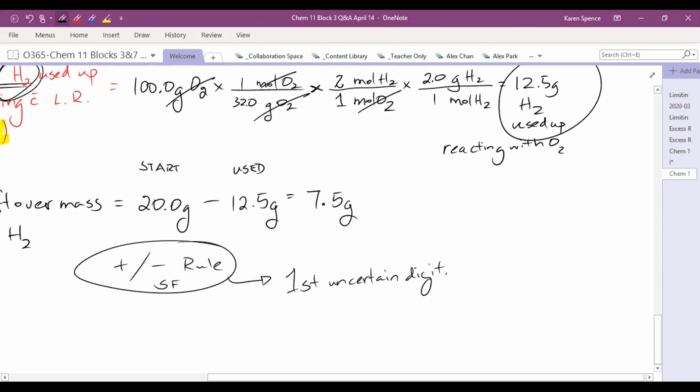We go to our first uncertain digit. Our uncertain digit in the 20 is the 0. The uncertain digit in the 12.5 is the 5. And that means that our tenths position is our first uncertain digit. So we are left with only 2 sig figs. Okie dokie.